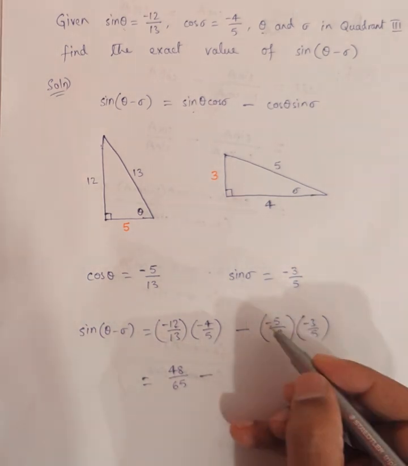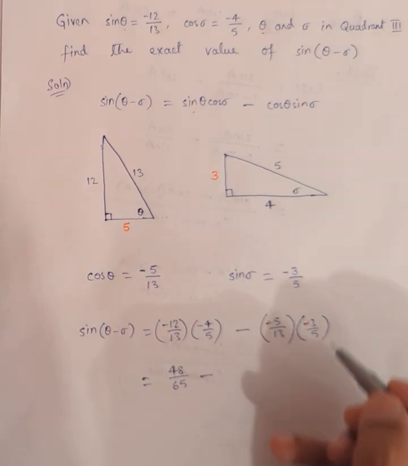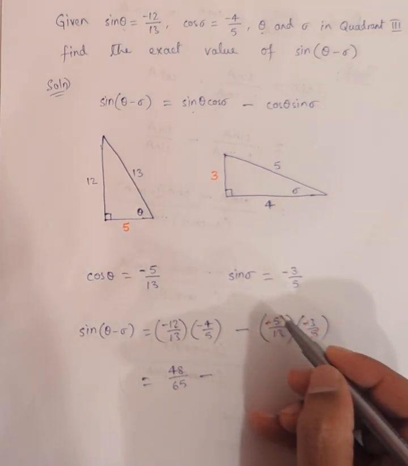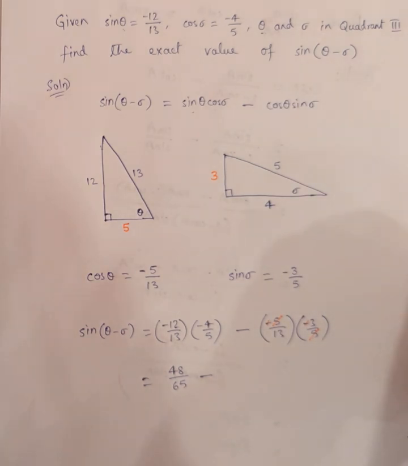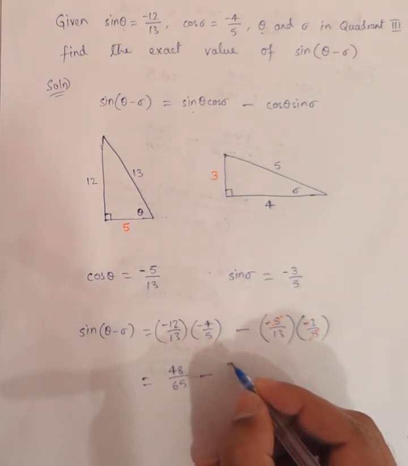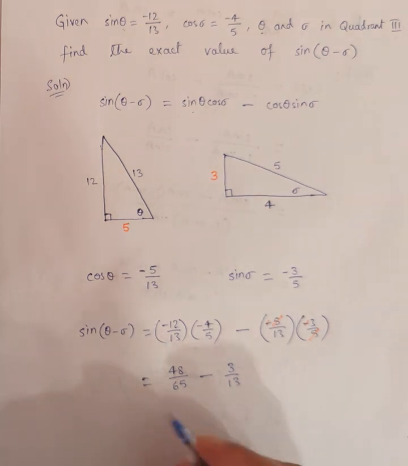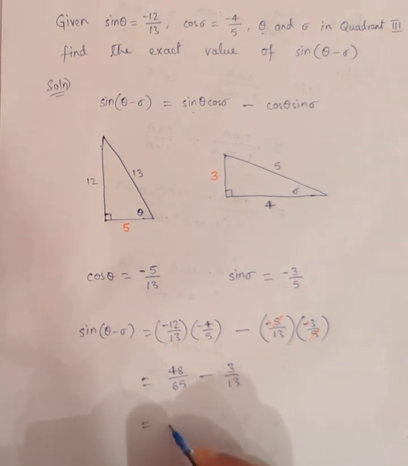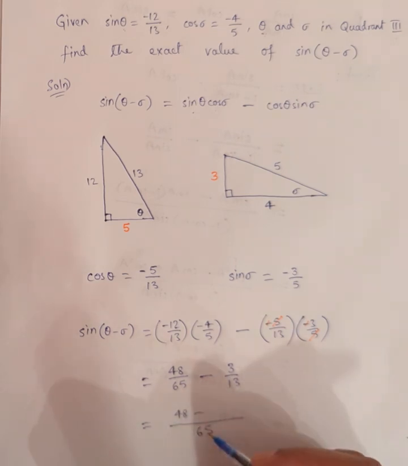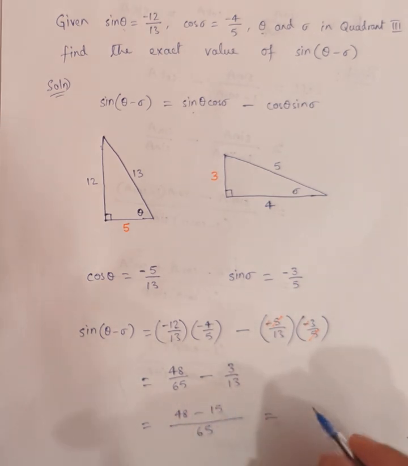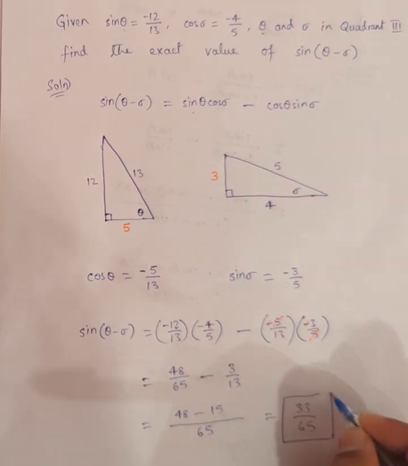I could cancel the 5s and get 3 over 13, but I should have just left it as 65. Let's take the common denominator of 65. Then this is 48 over 65, and 13 goes into 65 five times, 5 times 3 is 15. So 48 minus 15 is 33 over 65. That's our answer.